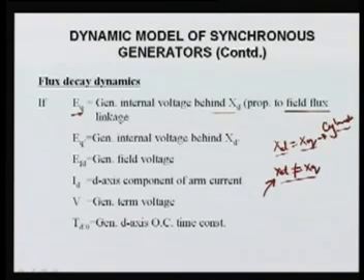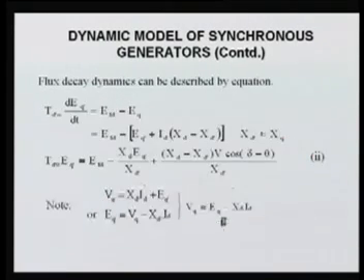EFD is the generator field voltage. ID is the D axis component of armature current. V is the generator terminal voltage, and TDO prime is the generator D axis open circuit time constant. Using these, we can write the flux decay dynamics as follows.